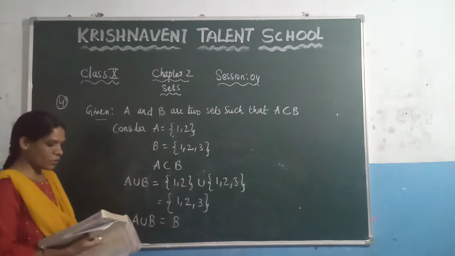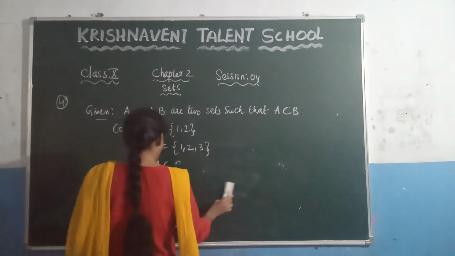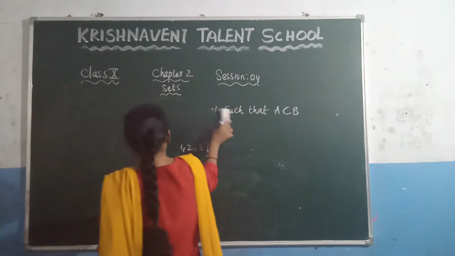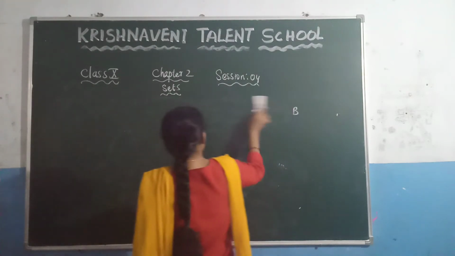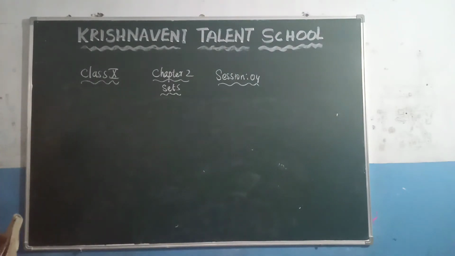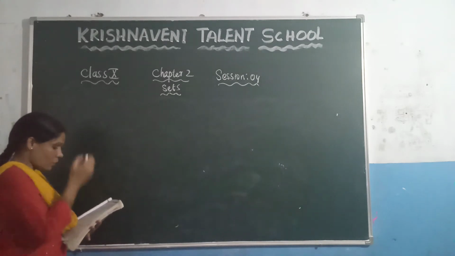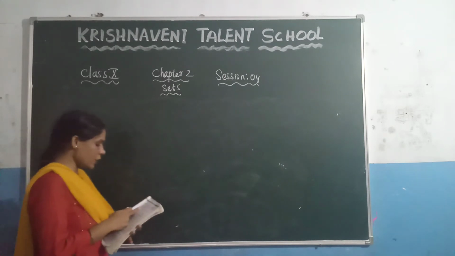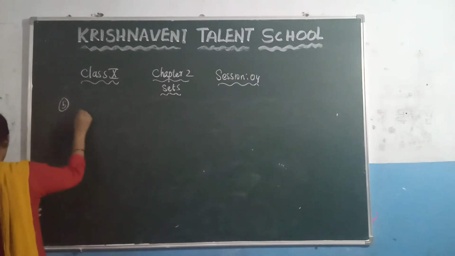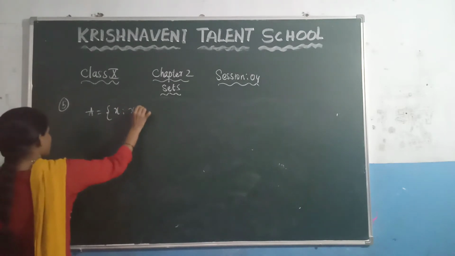Now see the fifth question. I will do one, and the remaining you can do in the same way. What is the fifth question given here? A is equal to {x such that x is a natural number}.